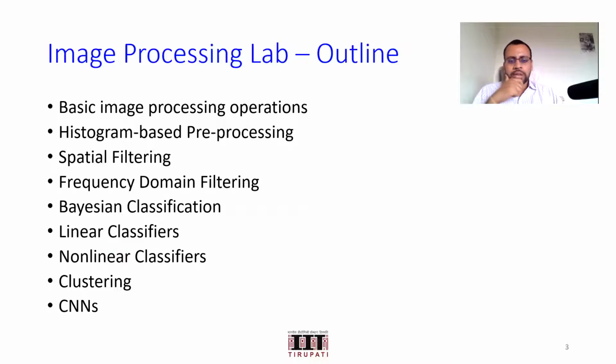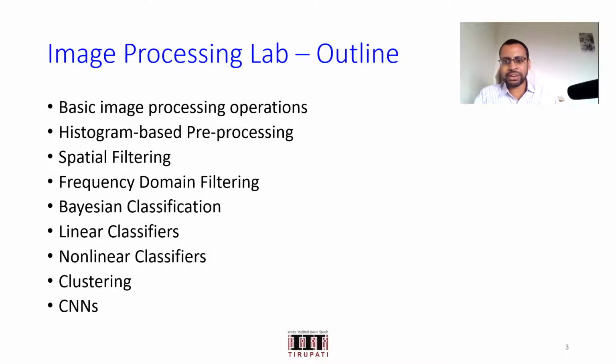This is a tentative, very high level outline of the kind of lab exercises you could expect. The first module, around 3 to 4 lab sheets, will be on basic image processing.